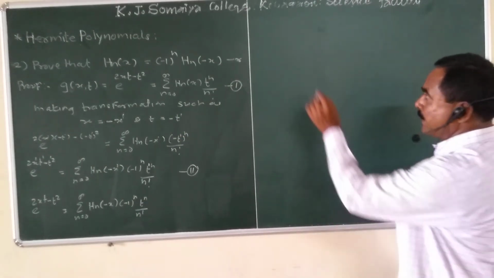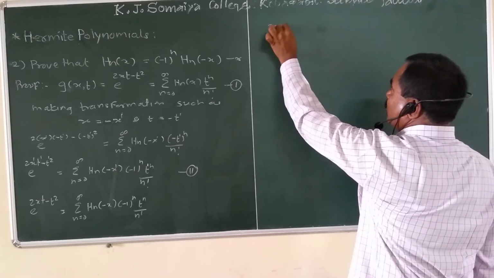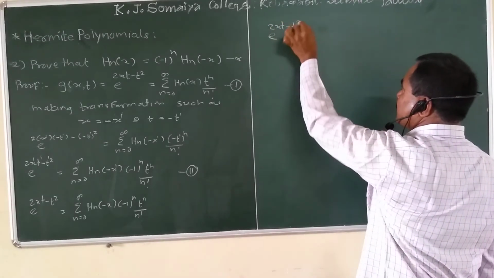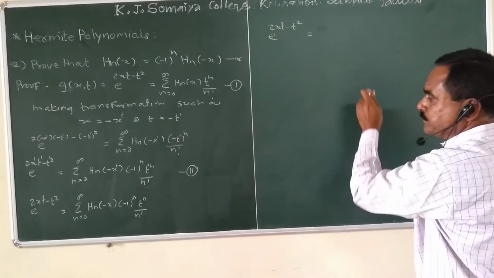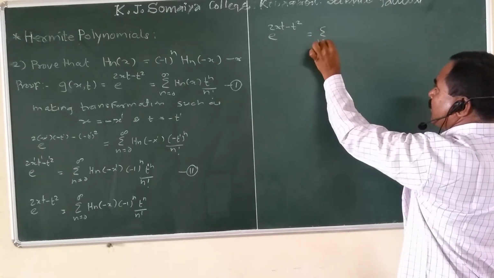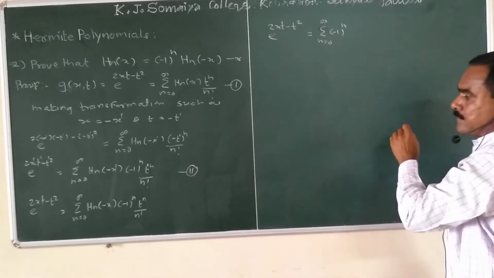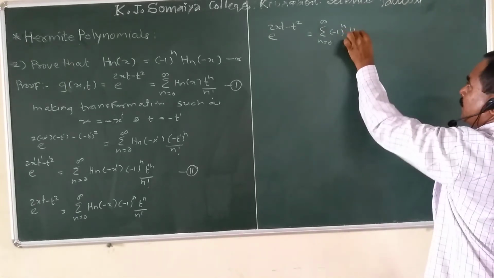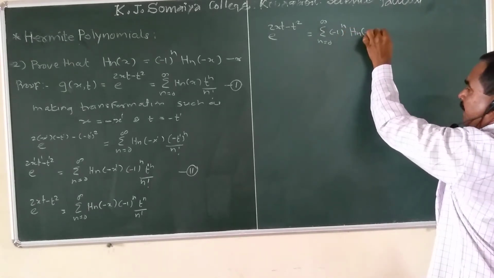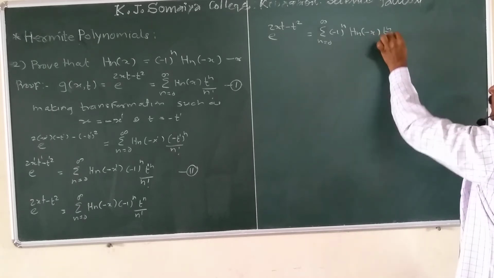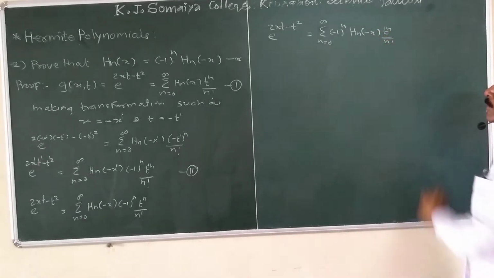So in next step we write e raised to 2xt minus t square equal to summation n from 0 to infinity minus 1 raised to n H_n of minus x t raised to n upon n factorial.